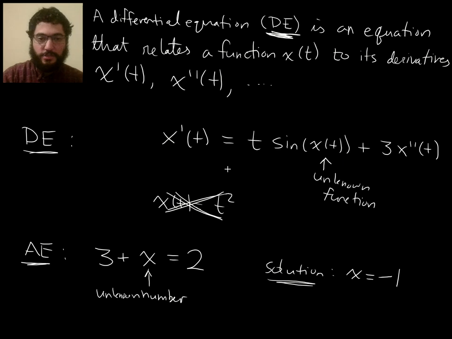For a differential equation, if you're given a particular x of t function, and you want to check whether it is a solution or not, you would have to substitute it in for all of the x of t's showing up, and then take its derivative and substitute that in for all the x primes, and then take a derivative again and substitute that in for all the x prime primes, and so on as many times as you need. It's the same deal. You're checking, is the left-hand side equal to the right-hand side? So probably if you substitute t squared in here, you will find that it's not a solution.